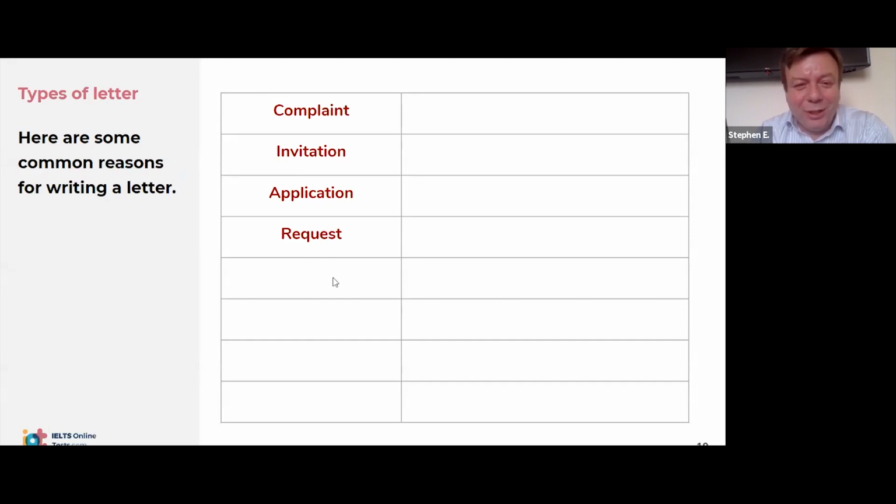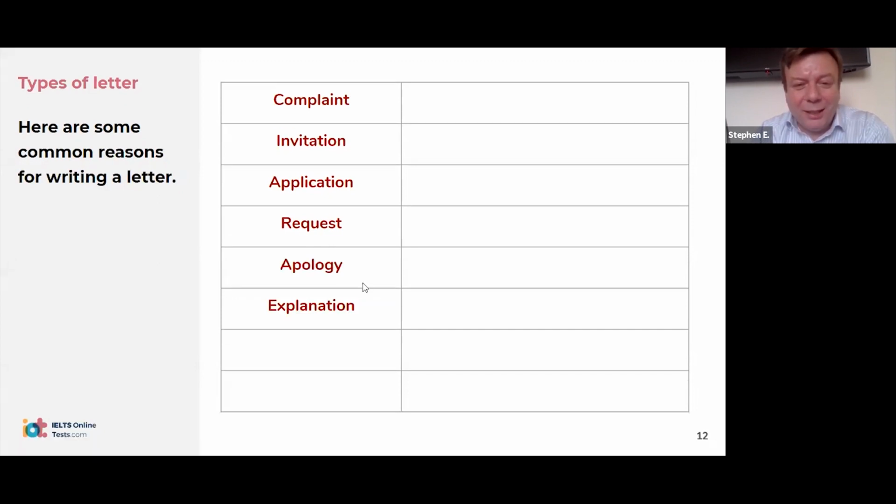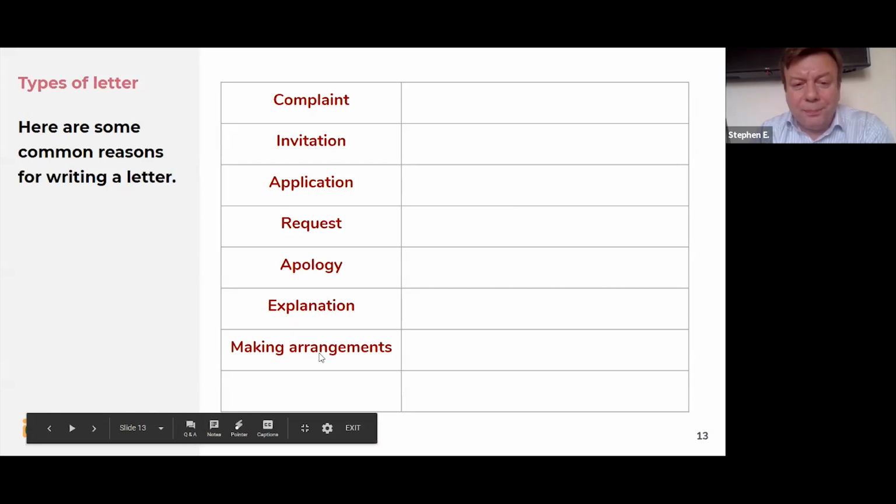Apology. There's an explanation. Anything you might apologize for? Can you think of any reasons? Noise, yeah, maybe you've been having some building work done. What about explanation? Yeah, for mistakes. Good. Making arrangements.